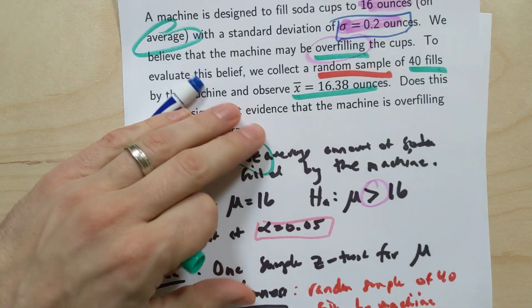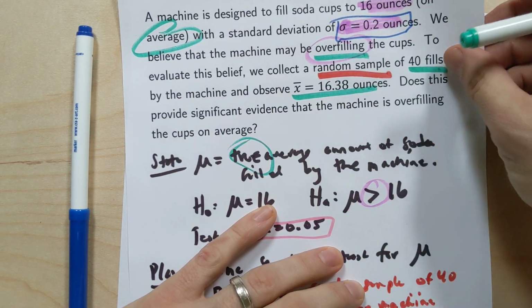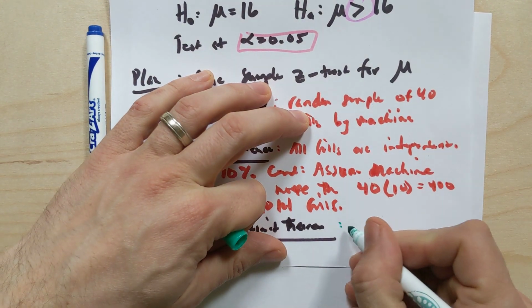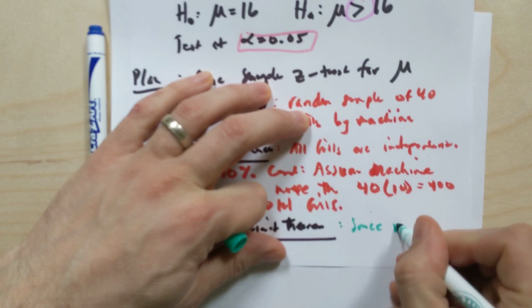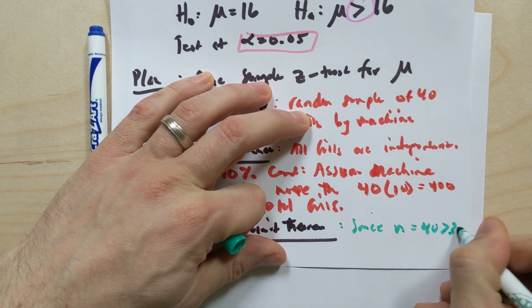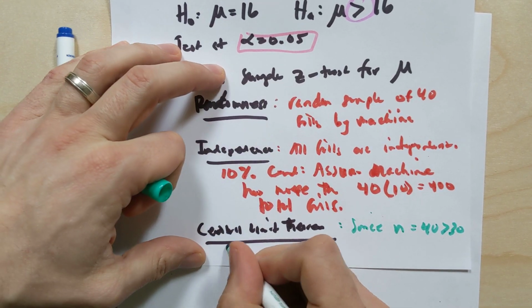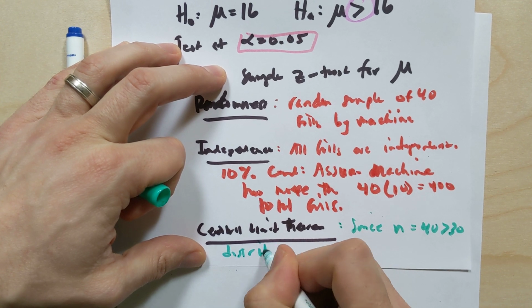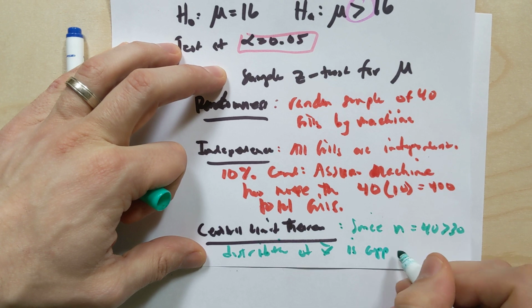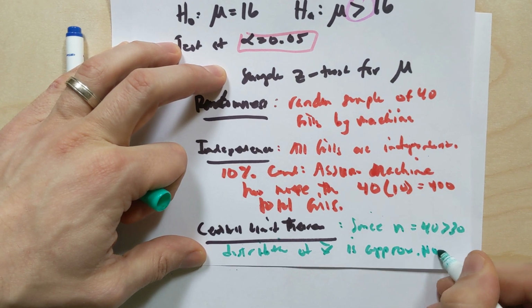Was our sample size at least 30? Aha! Our sample size was 40, so we can say since n is equal to 40, which is greater than 30, the distribution of our sample means is approximately normal.